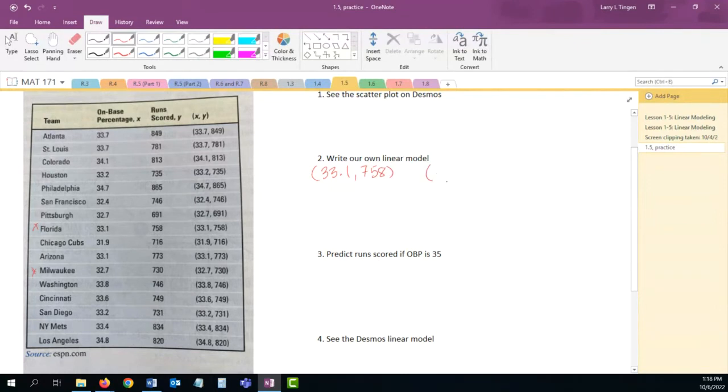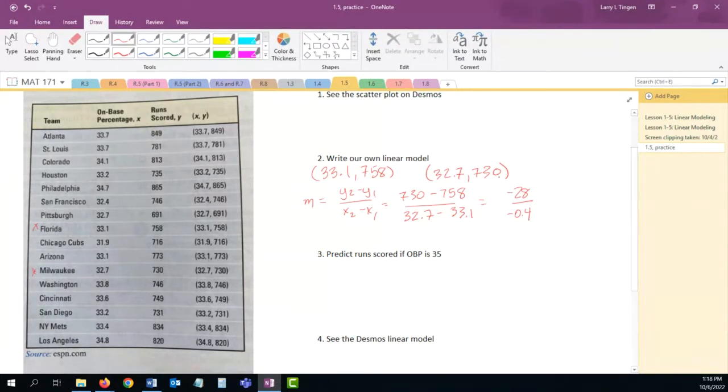We create our own linear model by taking 2 points, 32.7, 730. We find the slope of the line, change in y over change in x. 730 minus 758 over 32.7 minus 33.1. 730 minus 758 is negative 28. 32.7 minus 33.1 is negative 0.4.